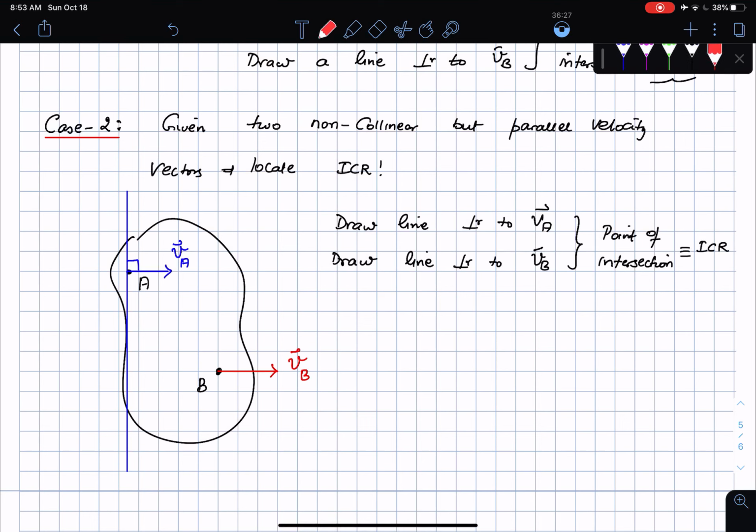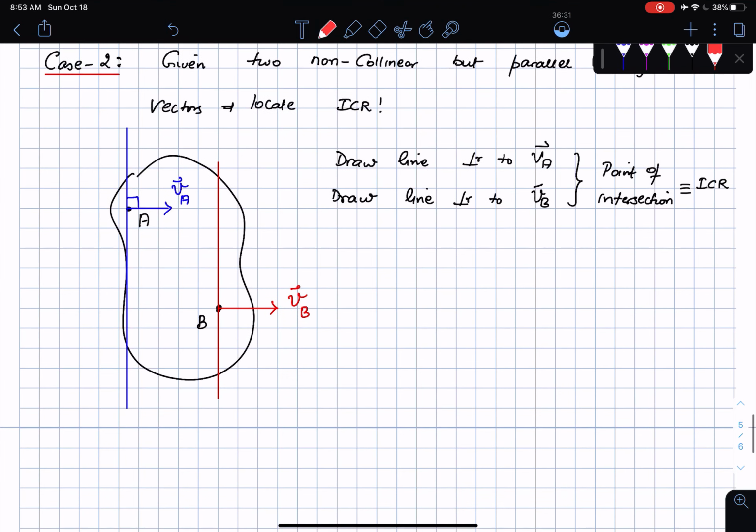is going to be my ICR. But I am in for some troubling times, because if I draw a line perpendicular to VA and then one perpendicular to VB, I see that these two lines are parallel to each other.